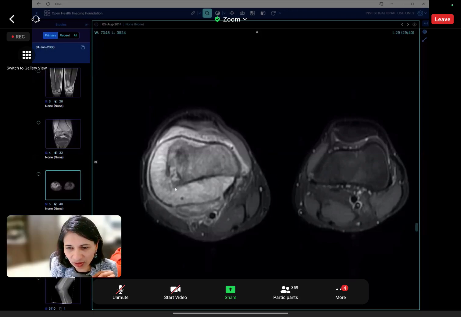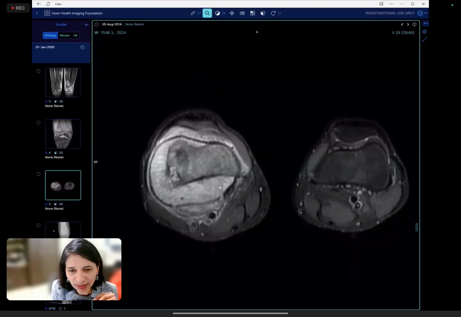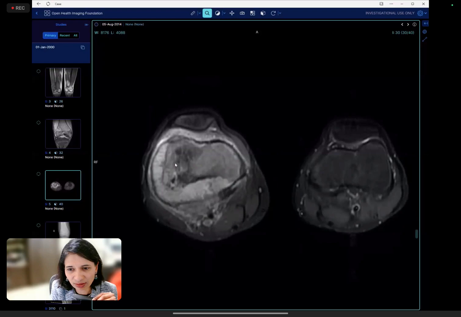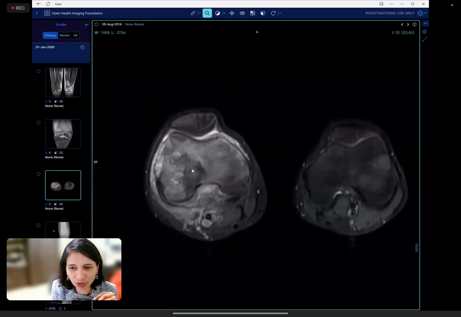Can you see this striation within the periosteum and the cortex there? Those are the sharp-based fibers. The process is so aggressive that it cannot lay ossified bone here, and that's why you're seeing it the way you're seeing it on the plain radiograph. And this whole thing is then infiltrated by the tumor.